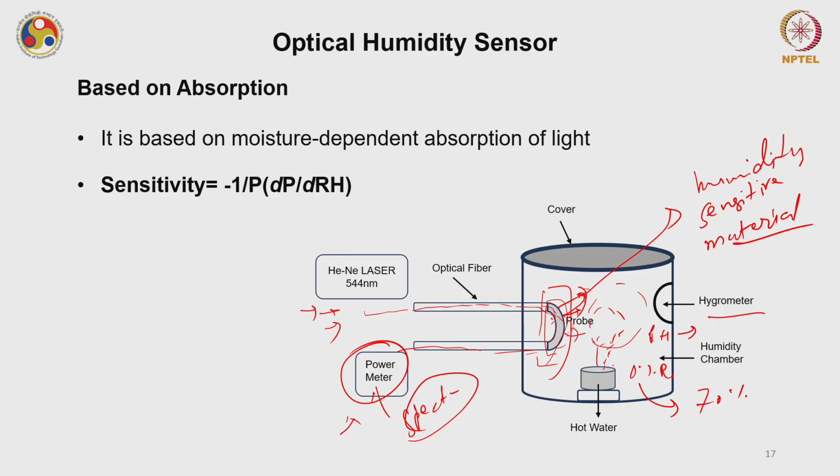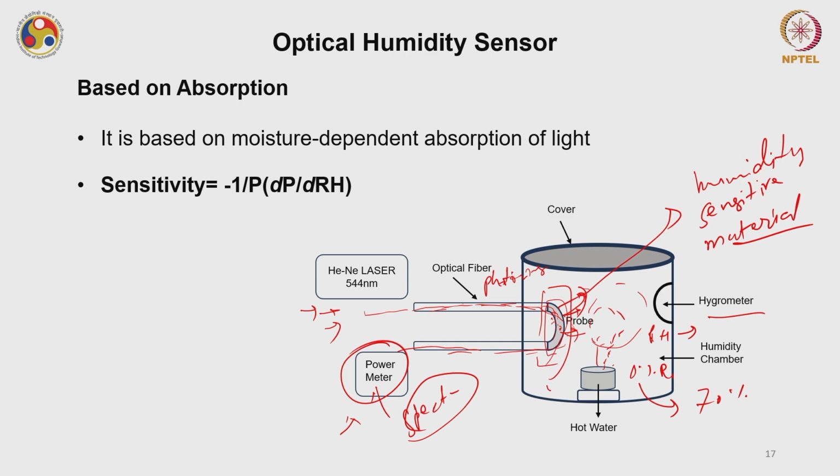This is one way. The second way is, if this light is passing through this, there can be ways in which the light itself is absorbed by water molecules. The light is nothing but packets of photons. These photons transfer their energy to the water molecules, and in the process the light loses some energy.